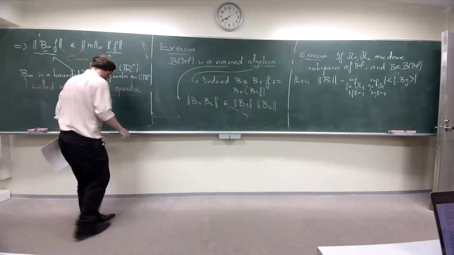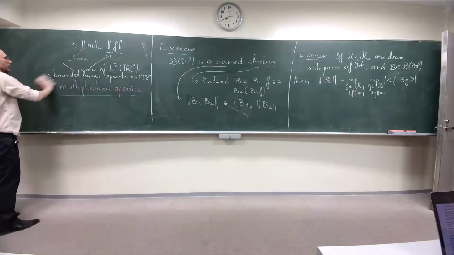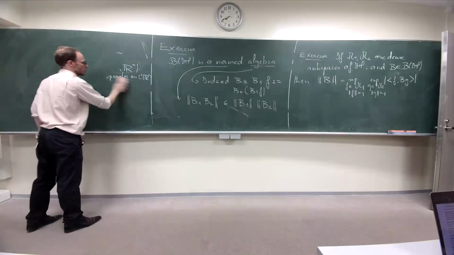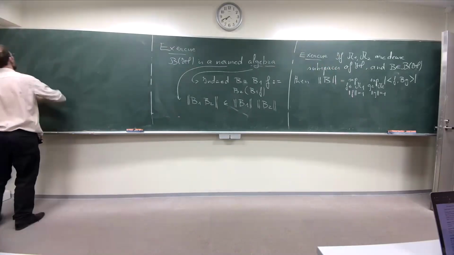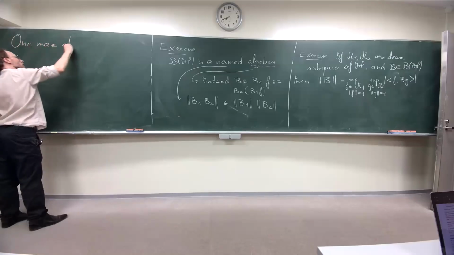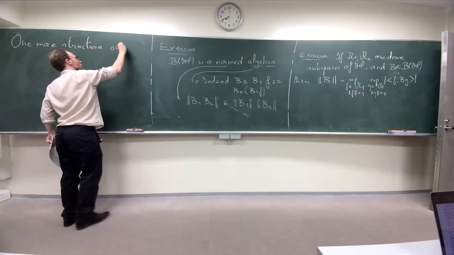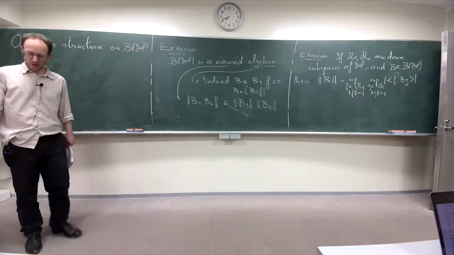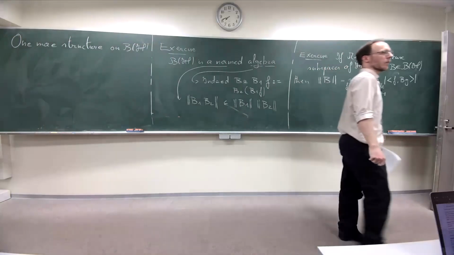Now I said Riesz lemma is very important because on B of H, you have one more structure. On matrices, there is one thing I didn't mention so far. What kind of operation can you do on matrices?